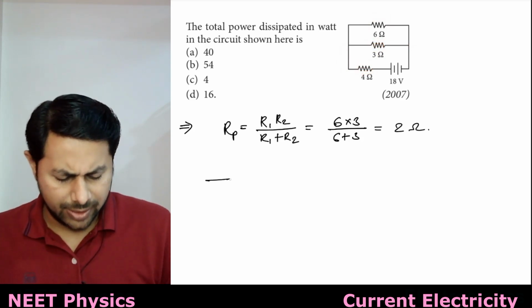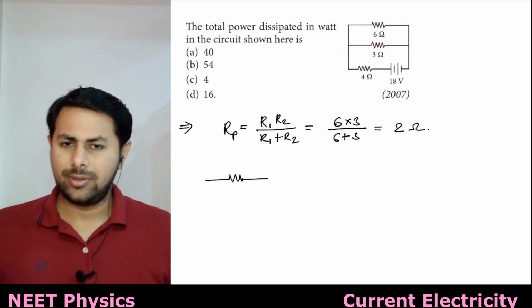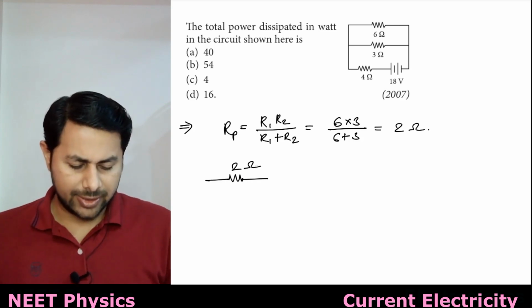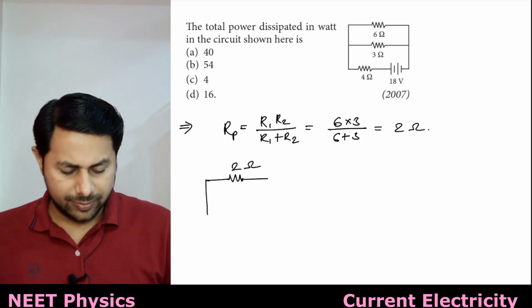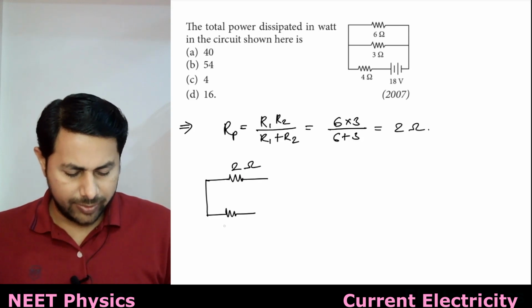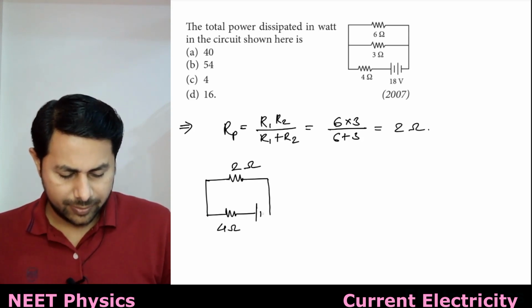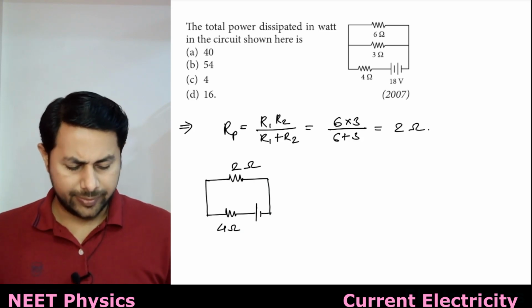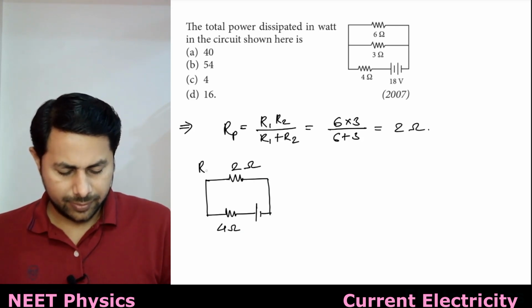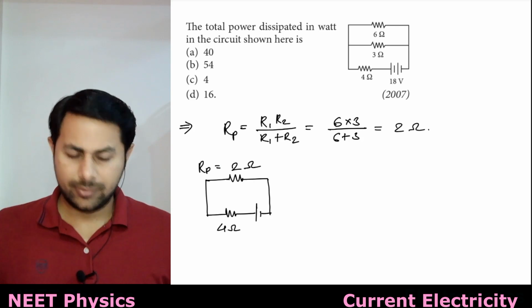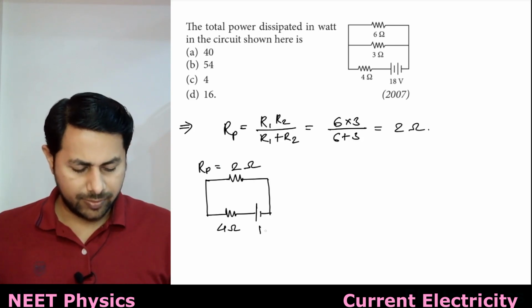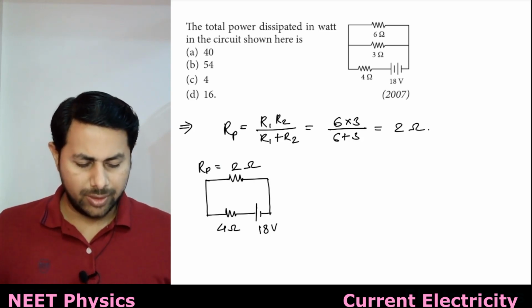Your circuit will get modified like this: this is the 2 ohm resistance Rp, then you have this 4 ohm resistance, and then this battery. The battery has potential difference of 18 volts.